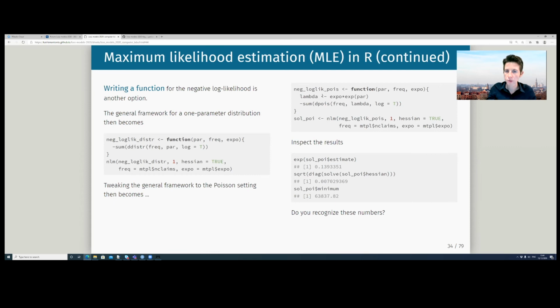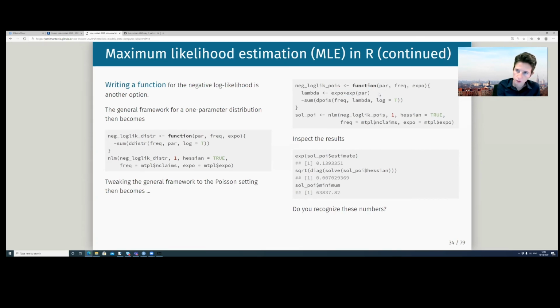In the first line, I'm going to specify my lambda. With my lambda, I have to be a little bit careful because I want to bring in my exposure measure there. So the lambda here is specified as the exposure times the exponential of the unknown parameter par that I want to estimate. This par is going to play the role of my intercept, my beta 0 from earlier on. The reason why I do that is that lambda has to be positive, and a way to guarantee that is by putting this exponential function in here.